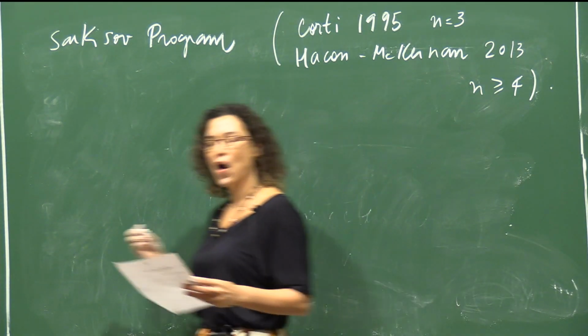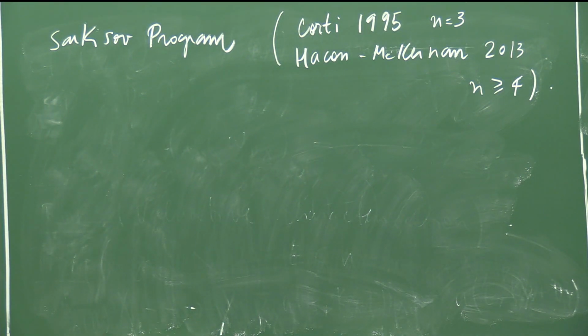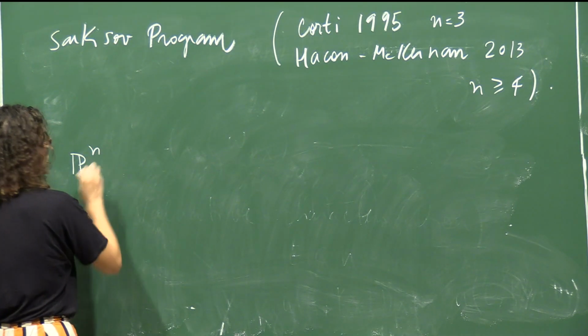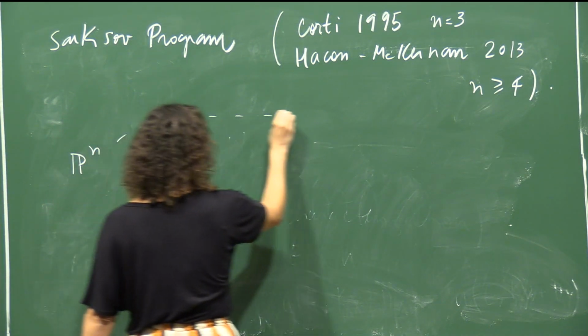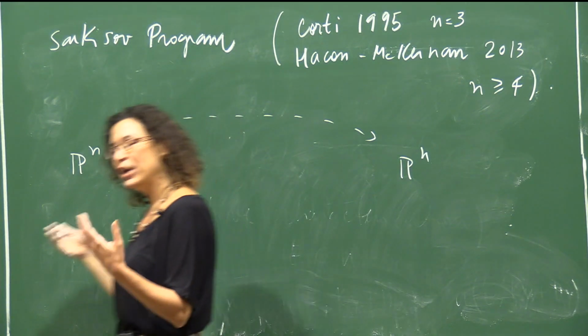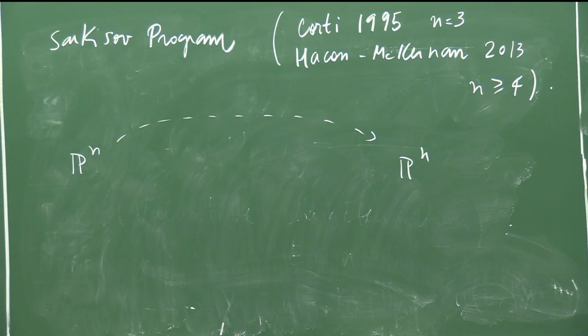They prove the following weak factorization for the Cremona group. Actually, the result is more general, but for simplicity, let me first state it for the Cremona group. So the idea is that you start with some birational self-map of Pn, and you would like to factorize it in some nice way.